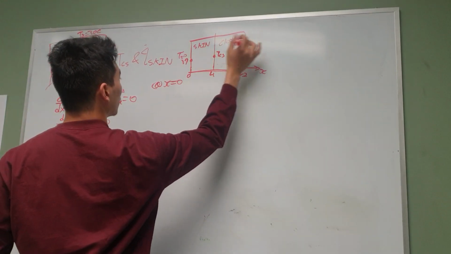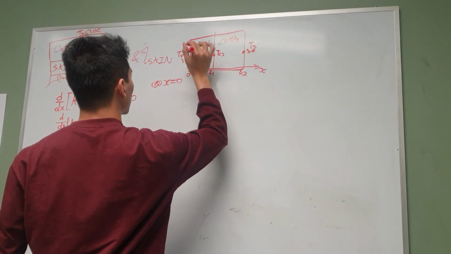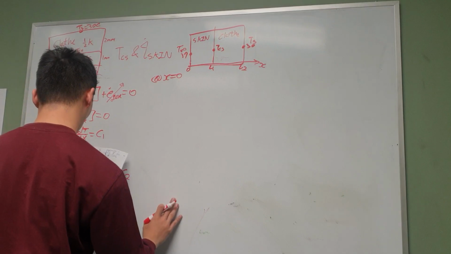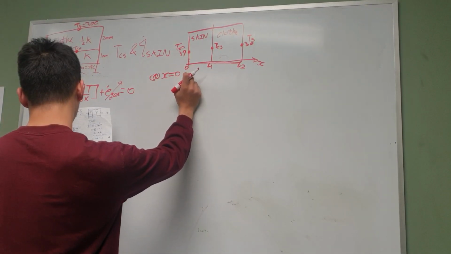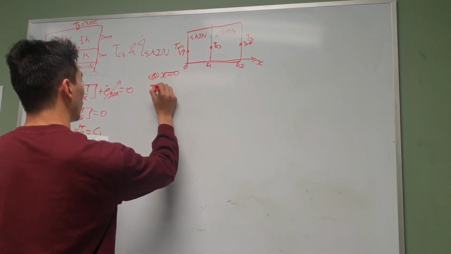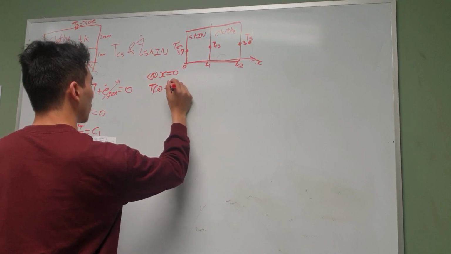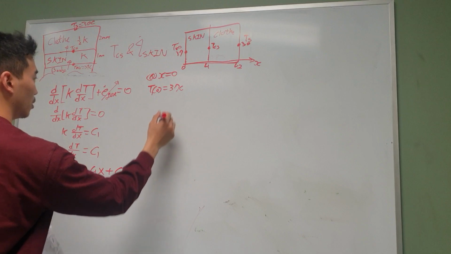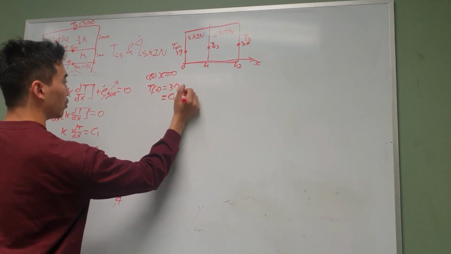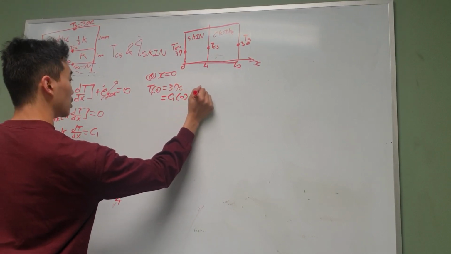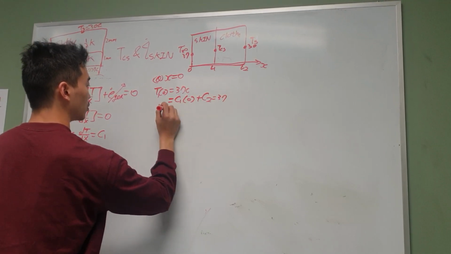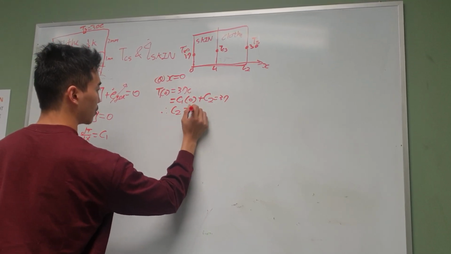T infinity, TS. So at x is equal to 0, we know that this is 37 Celsius. If we plug it in to the C1x plus C2, it gives us that C2 is equal to 37.